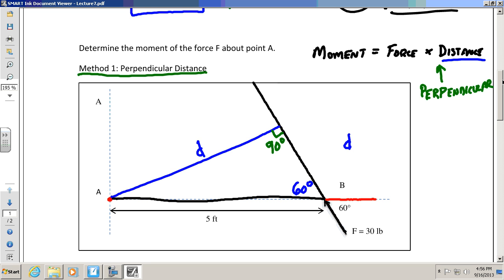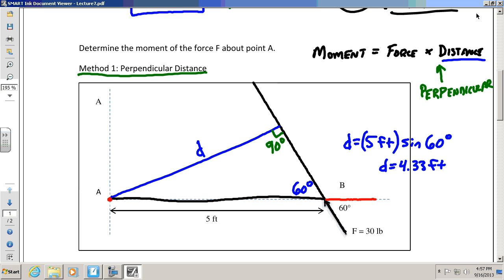Therefore, D is equal to 5 feet times the sine of 60 degrees, right? 5 sine 60. Can somebody do that on the calculator? 4.33? Okay. So that's the actual perpendicular distance, 5 sine 60, 4.33 feet.